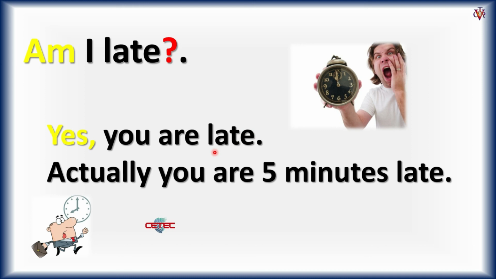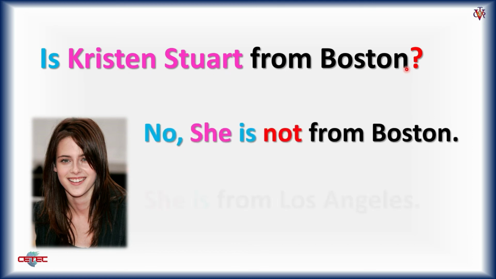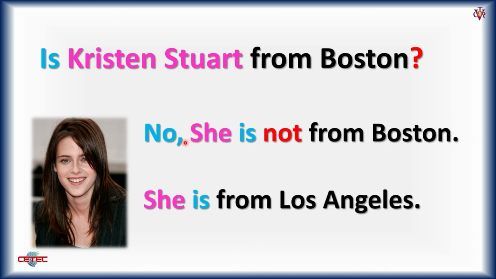Let's see another question. Is Kristen Stewart from Boston? No, she is not from Boston. She is from Los Angeles. Here, Kristen Stewart is a girl, so that means she. They use the verb to be is because they use it with a girl. No, she is not.